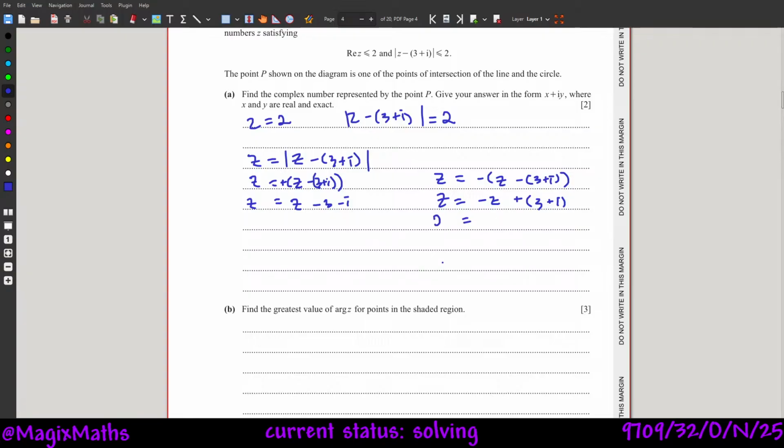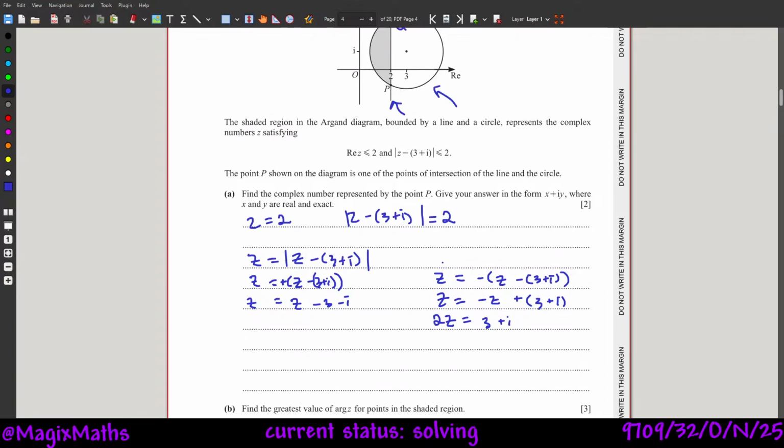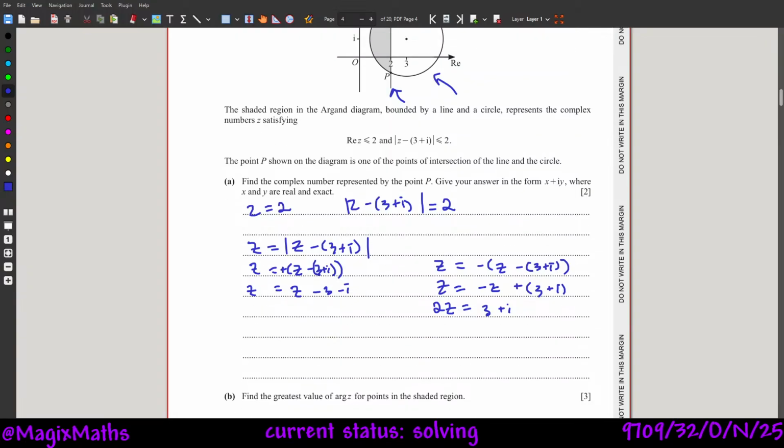So 2z is equal to 3 plus i. But in this case, it shouldn't be possible.